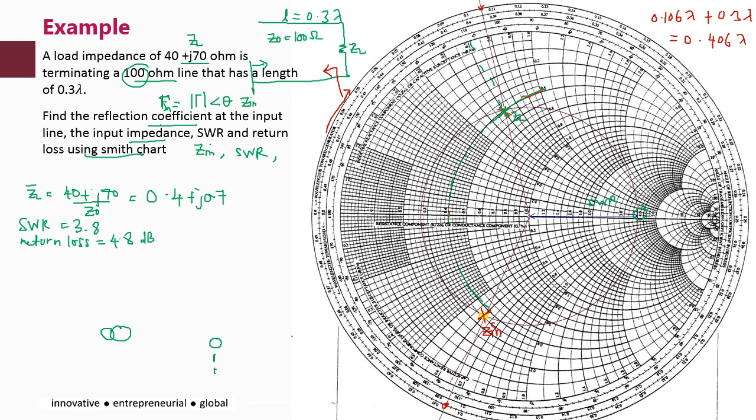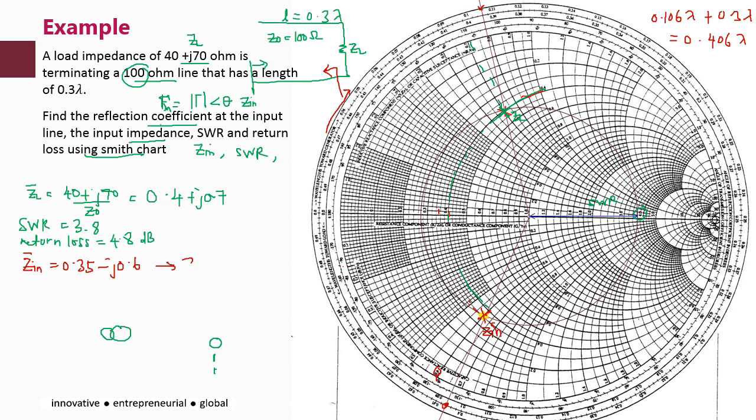So find the reflection coefficient and also the input impedance. Get the value of your Zin somewhere here, around 0.35 minus j0.6 normalized.